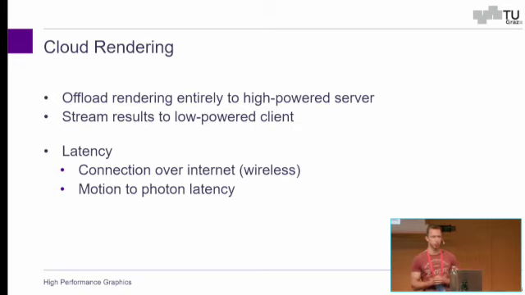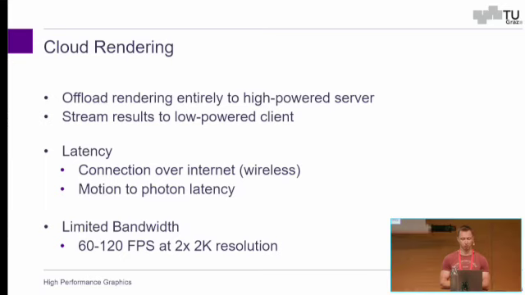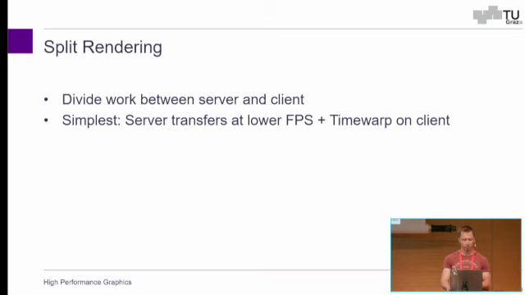Especially with these devices that are connected over the internet, mostly wirelessly, this is not feasible in most cases. The same goes for the bandwidth. Streaming high frame rate, high quality video simply isn't feasible in most cases.